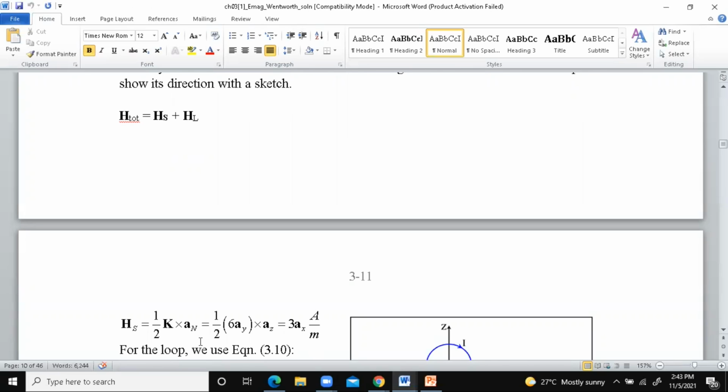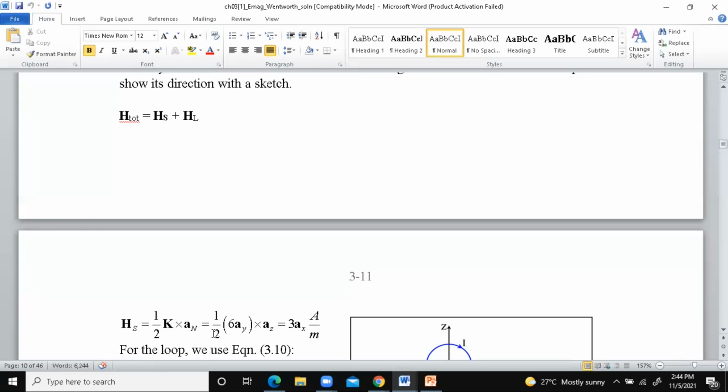How? I got up to that last part, sir, where you multiply by the unit vector. I'm not sure how it went from AY to AX based on my calculation. This is not times, this is cross product. Oh.